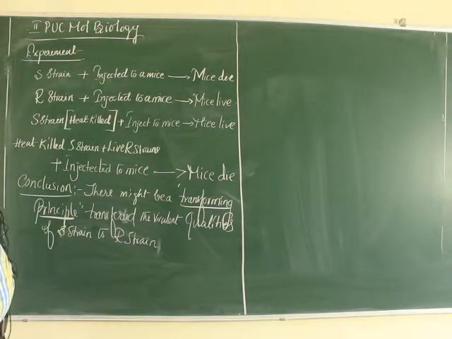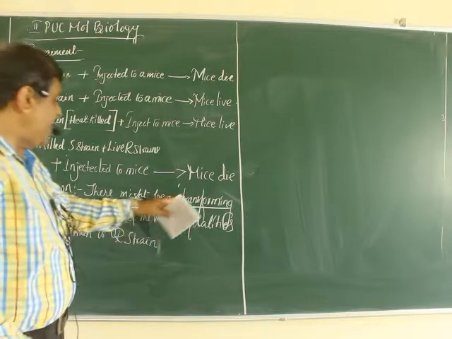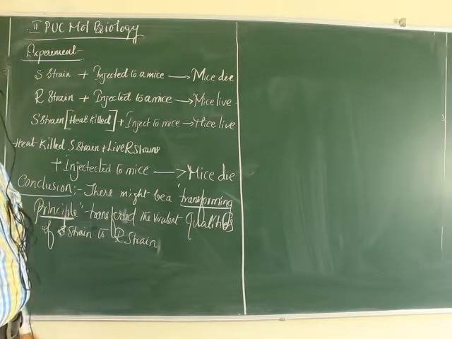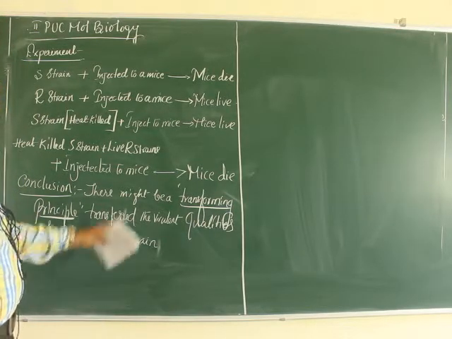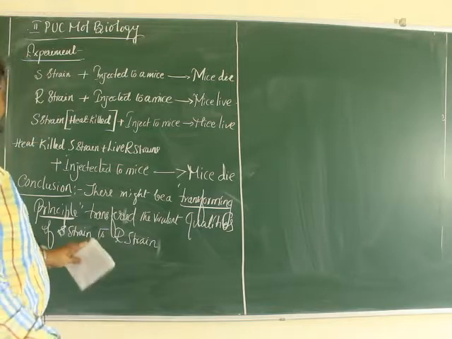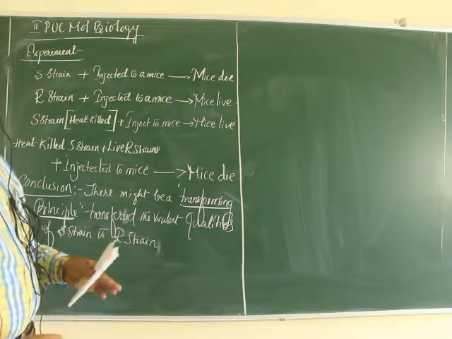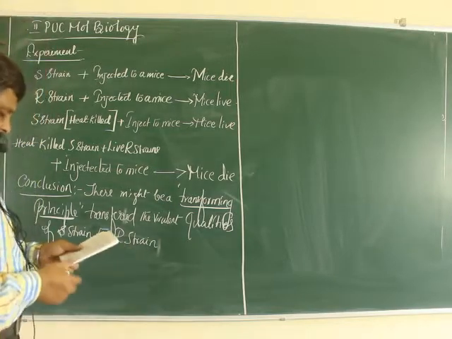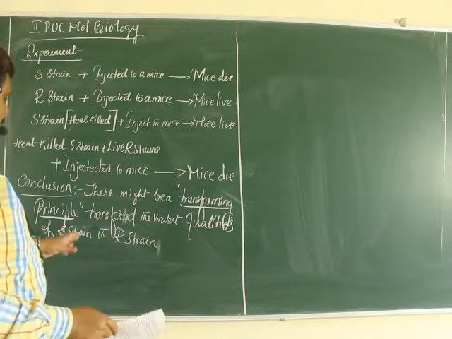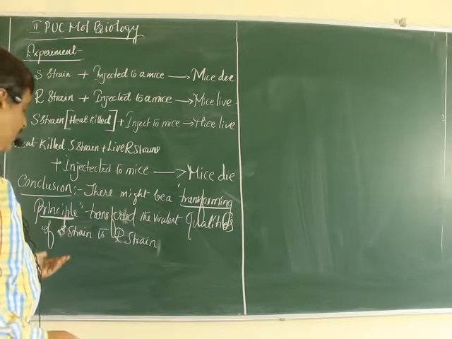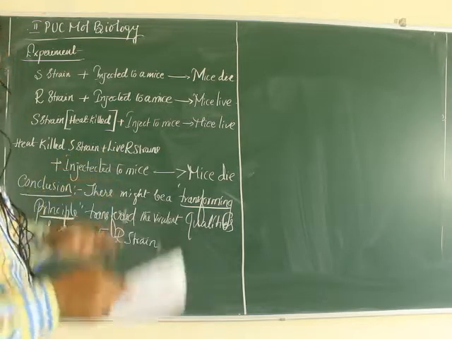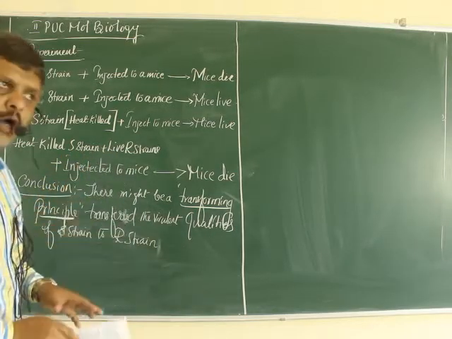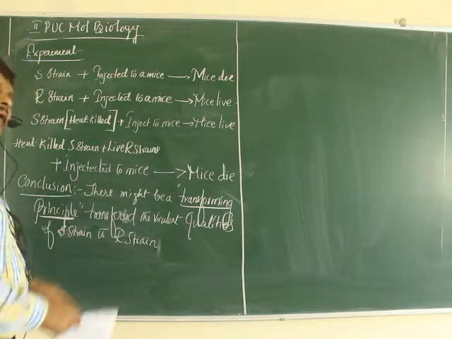He was not able to explain it. So he explained that there might be a transforming principle that transferred the virulent qualities of S strain into the non-virulent R strain.